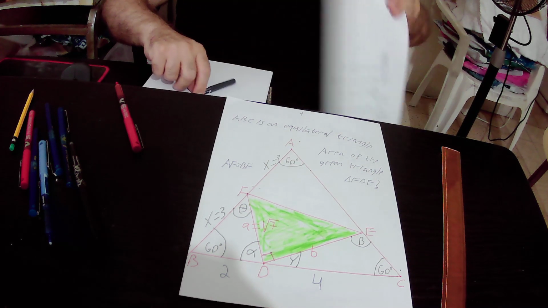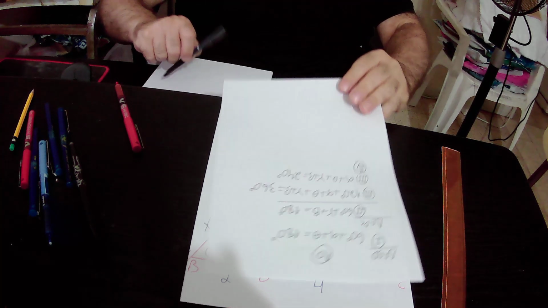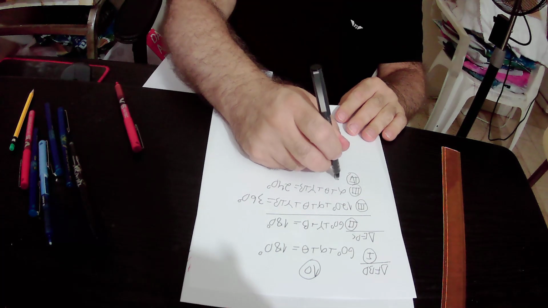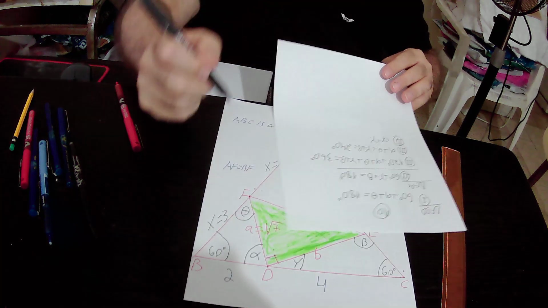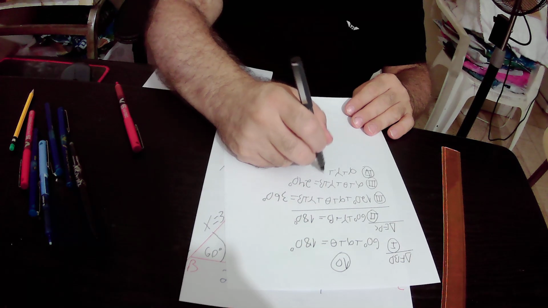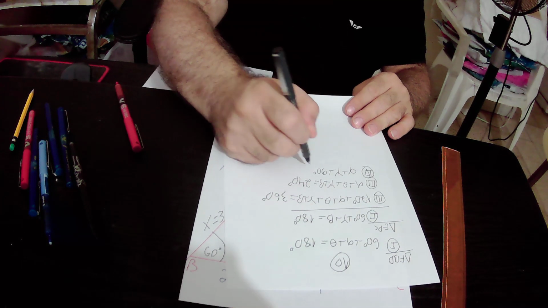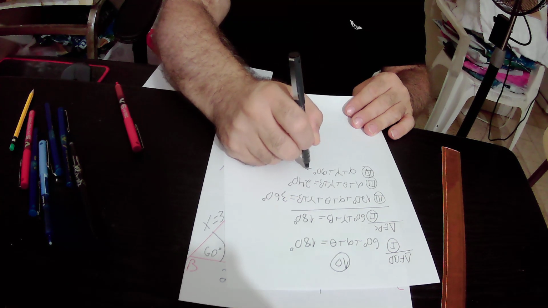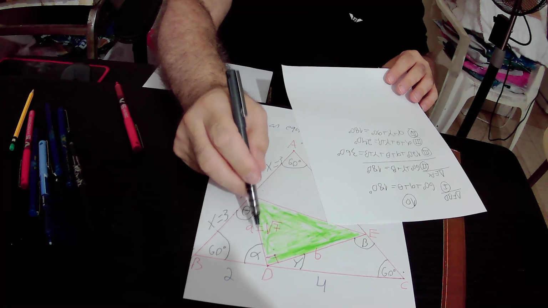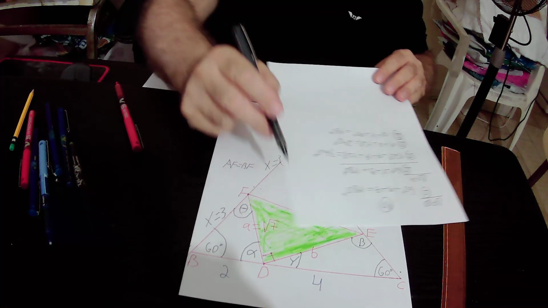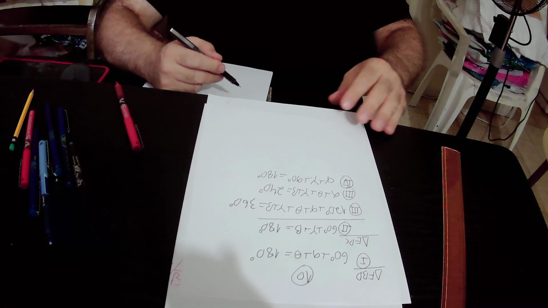So we can write down that alpha plus gamma plus 90 degrees equals 180 degrees.